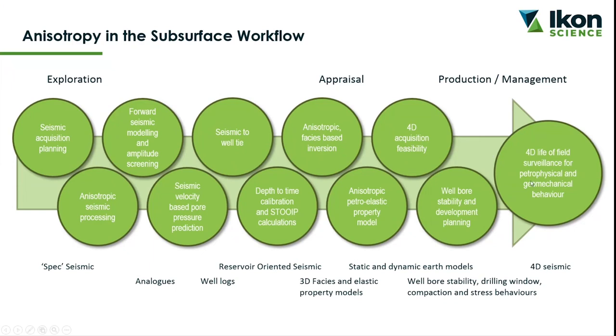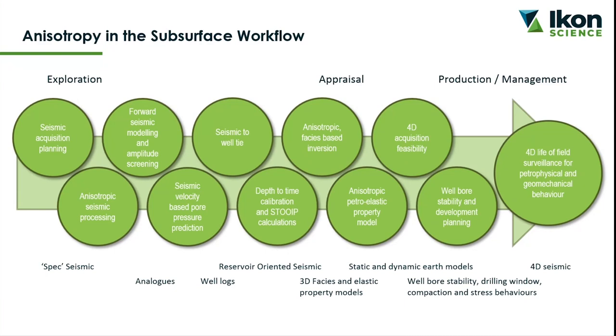until we get down to the production and field management, where again we start to think about the behavior of the subsurface properties of the rocks through production time, specifically thinking about wellbore stability, wellbore integrity, and the geomechanical behavior. And a lot of the models that we work with in this portion of the workflow and life cycle are often based on isotropic models, and certainly based on having isotropic data as input to those models.